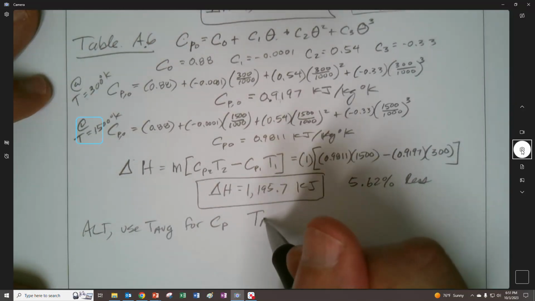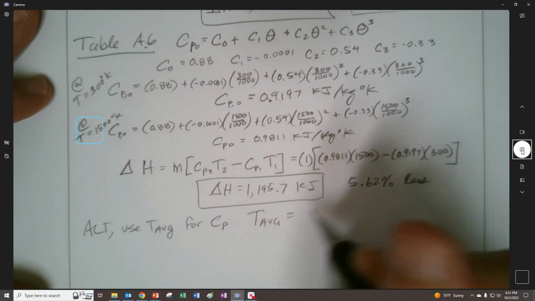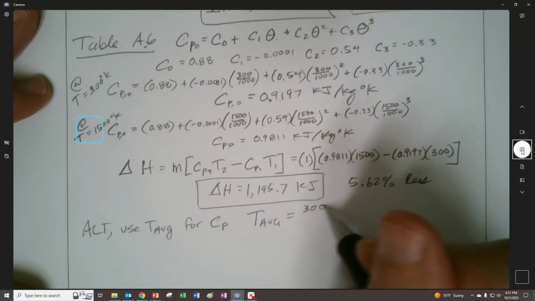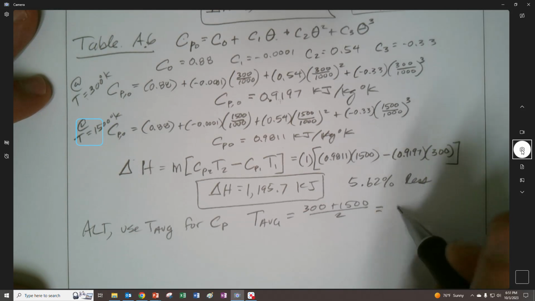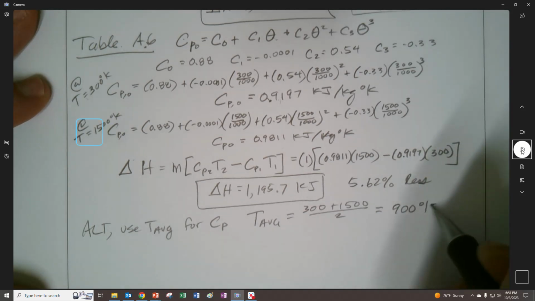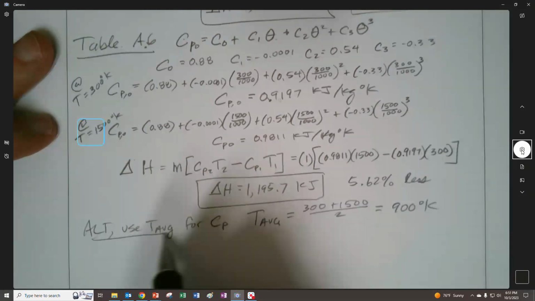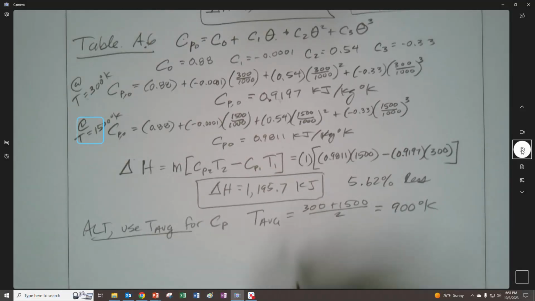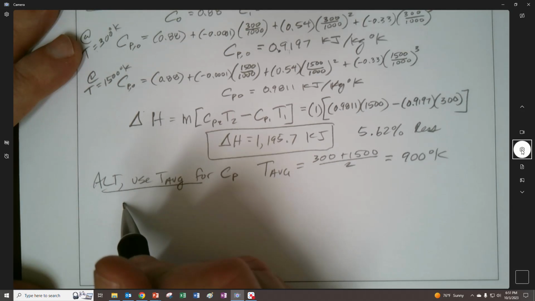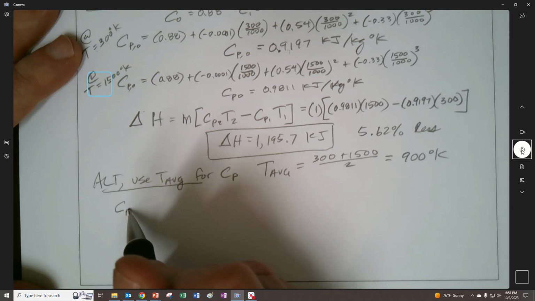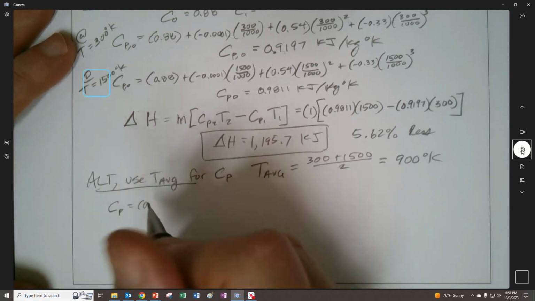So the average temperature is going to be 300 plus 1500. I think we could do this in our heads, but we're going to write it down anyway. 900 degrees Kelvin. So what we'll find here is we will get a Cp equal to 0.88.